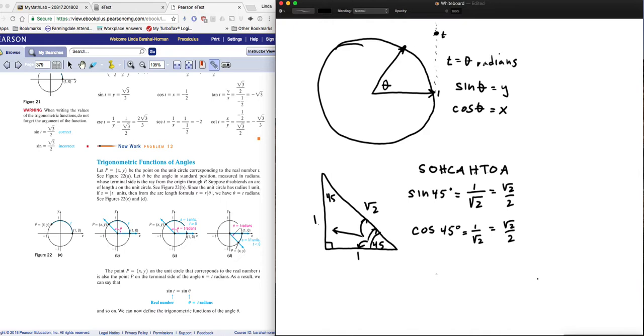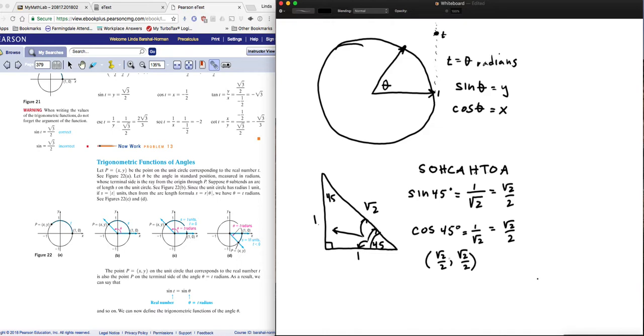So when I'm looking at sine and cosine as the x, y coordinate on a unit circle, that coordinate would be square root of 2 over 2, comma, square root of 2 over 2. Now I'm going to put that on the circle in a minute. I don't have enough room to do it all right here.